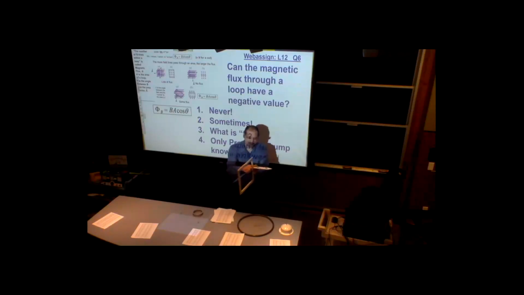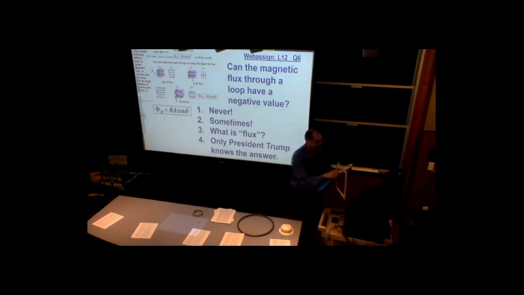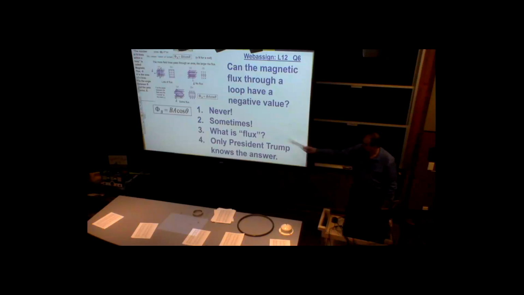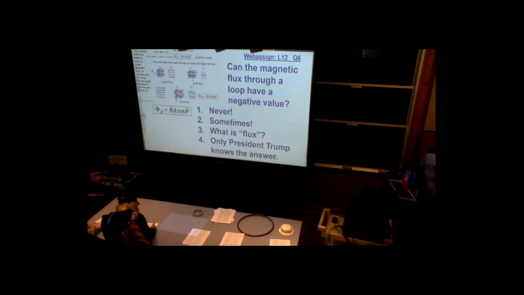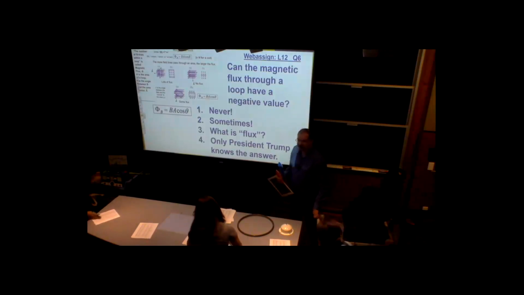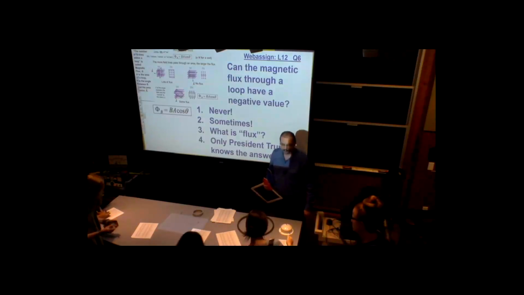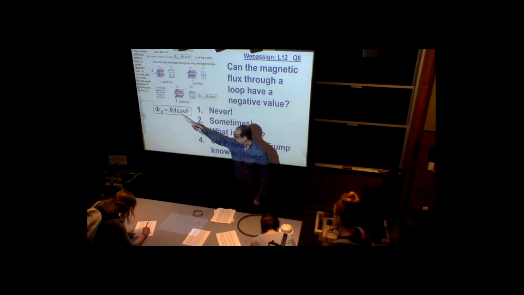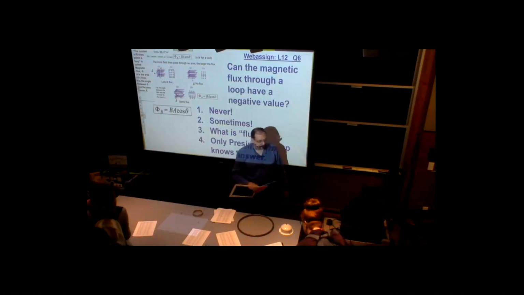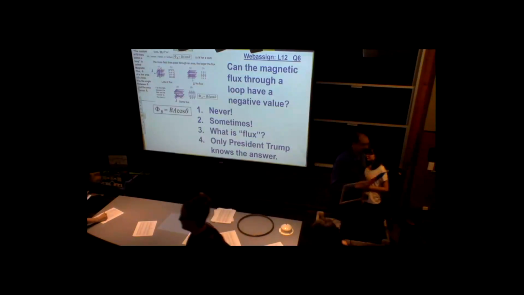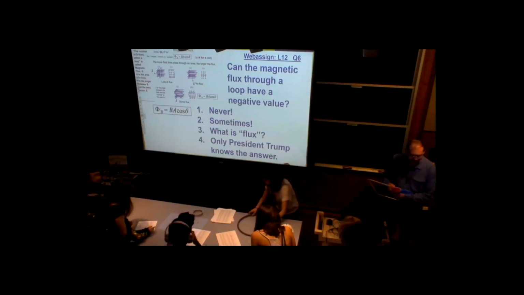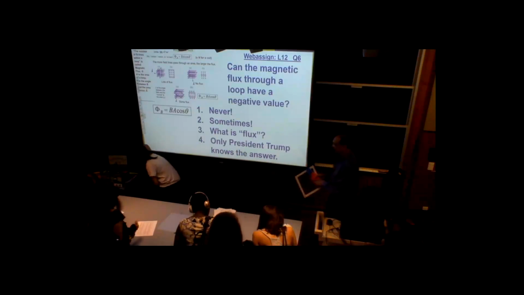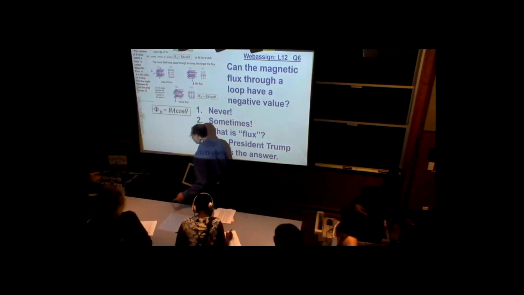Cosine of 120 degrees is equal to negative square root of 3 over 2. Just plug in a number. Any angle between 0 and 90 gives you a positive cosine, but from 90 to 180 gives you a negative cosine. So whatever number you get here can be anything. It can be 0, it can be negative, it can be positive. It can be anything depending on the angle.